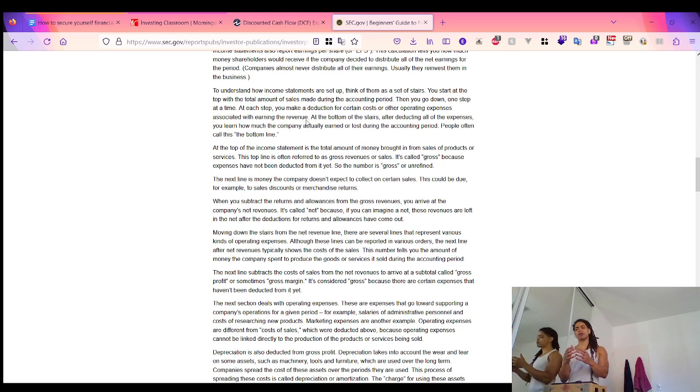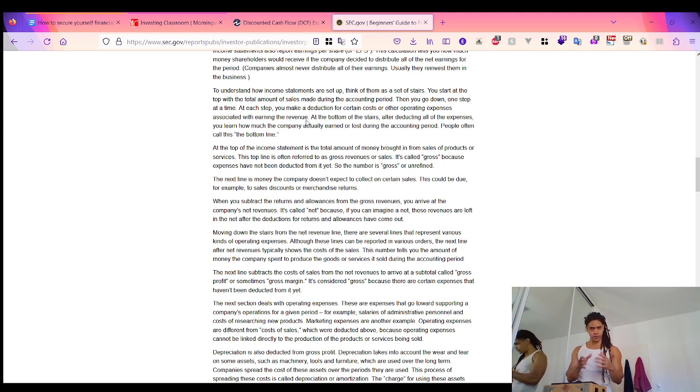Okay, so now I know what income statements are. They show how much revenue a company made and the associated costs and expenses with earning that revenue in a period of time. The bottom line of the statement shows you the company's net earnings or losses.